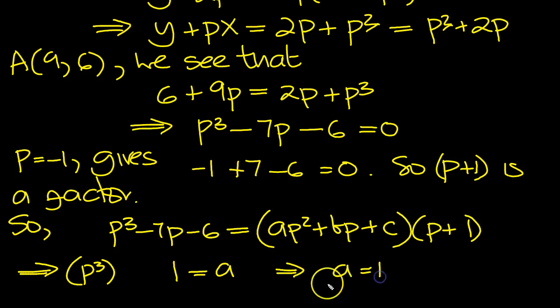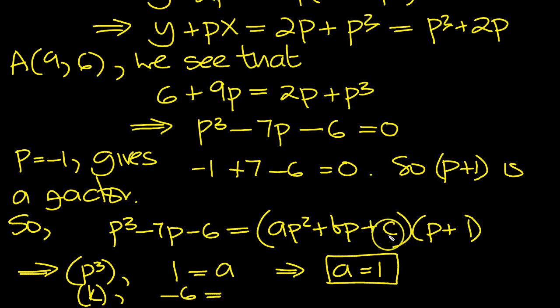So a equals 1. So what next now? So we equated p cubed. Should we equate the constants next? So constants gives minus 6 on this side is the constant. And here we've got c. So c equals minus 6.